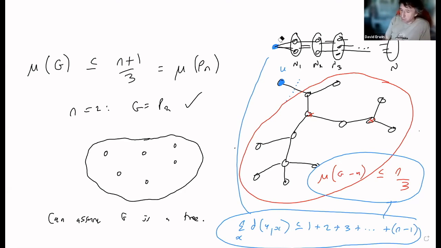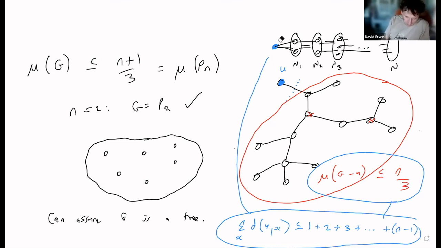Anybody got any other interesting ideas about how to tackle this problem? Okay, I don't see any hands or any voices raised in indignation or with interesting remarks or anything.